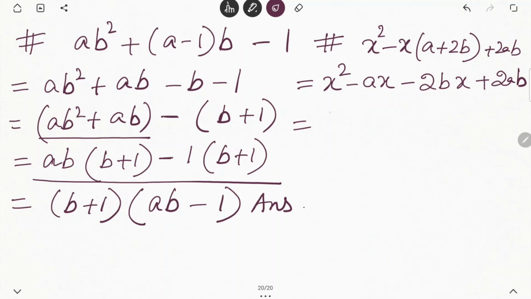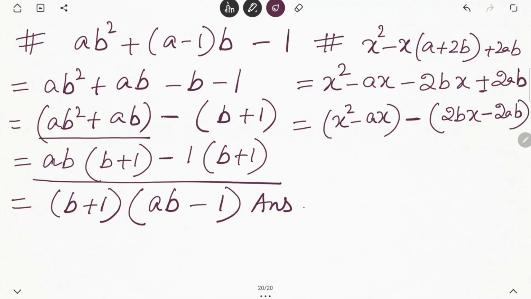So here grouping means see x square minus ax I can group, because I can see both are having x. And again in this case I can group them because I can see that both are having something common, that is 2 and b. Okay, so I group it as 2bx, and as I have written minus outside the bracket, so this also changes to minus, and here I have minus 2ab.